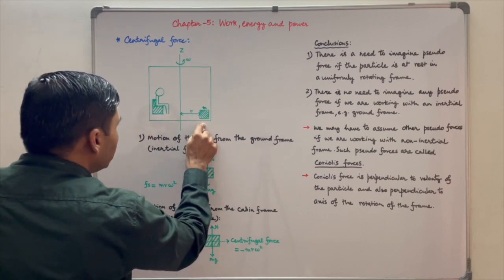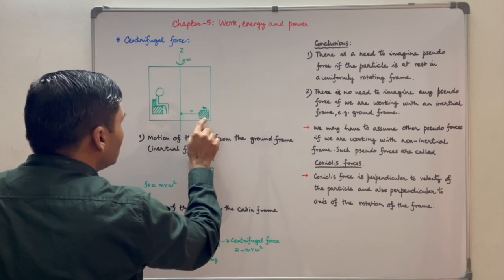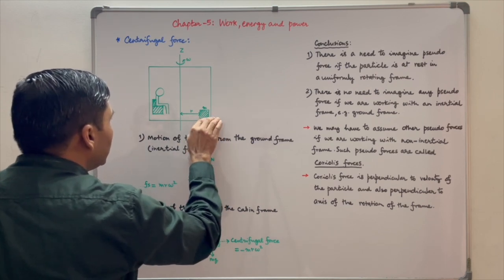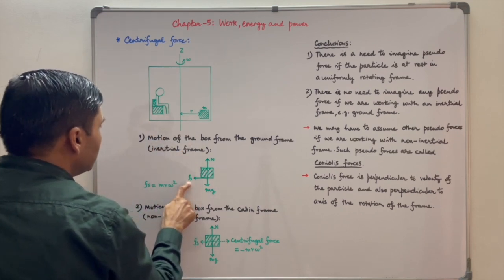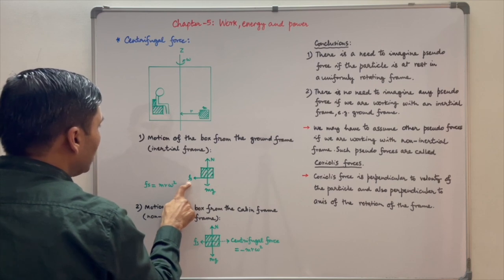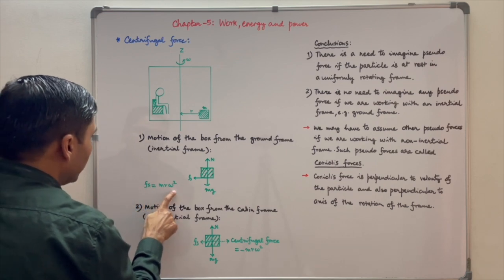Since this box has a tendency to slide radially outwards while rotating, the friction force on it will work radially inwards. This is static friction force, which is self-adjustable. This will provide the necessary centripetal force for rotation. So Fs is equal to m r omega square.